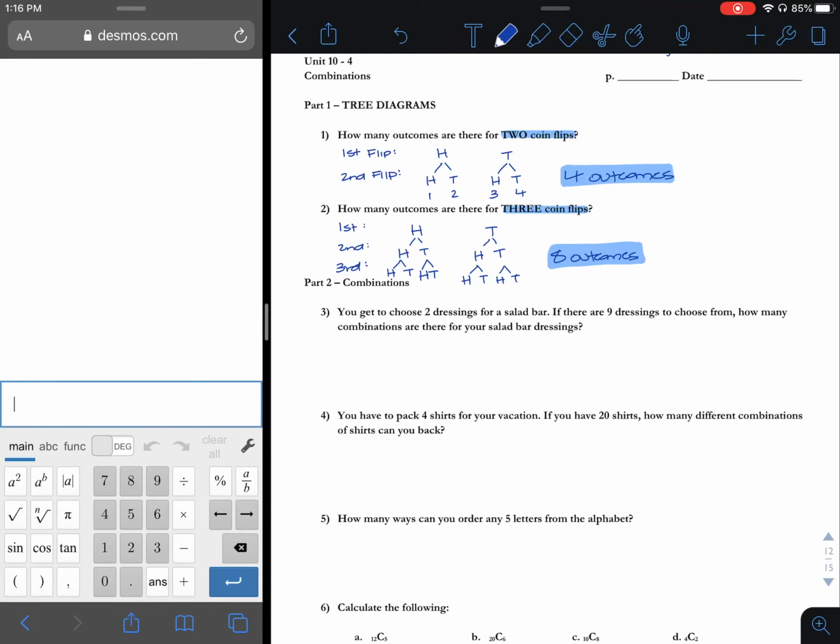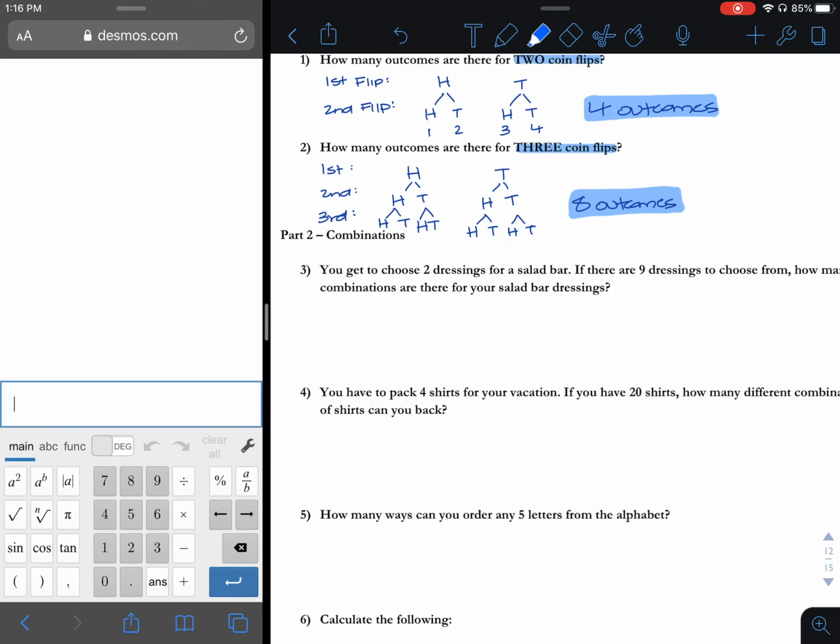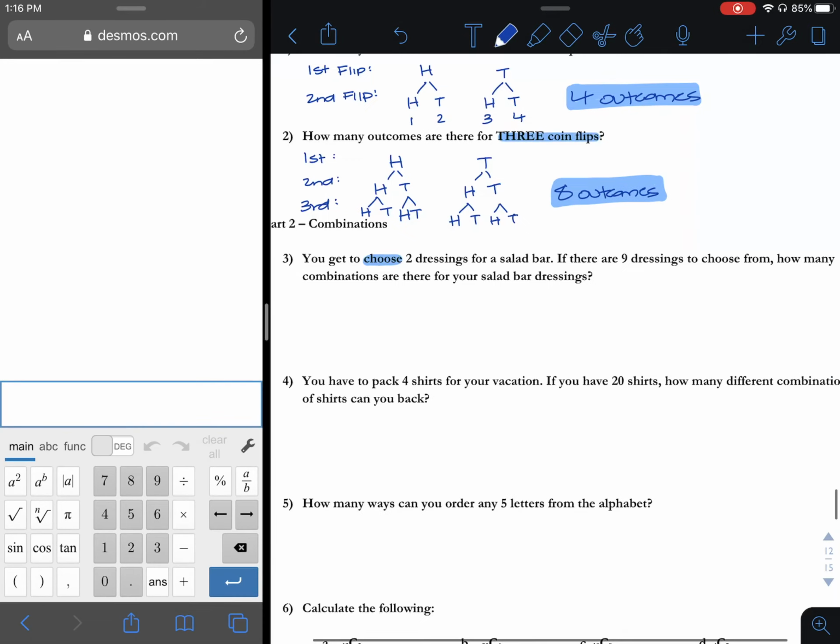So let's talk about the first one. You get to choose, there's my keyword, 2 dressings for a salad bar. If there are 9 total dressings to choose from, how many combinations are there for your salad dressing? Again, we are choosing 2 out of 9. That's how I know it's a combination.